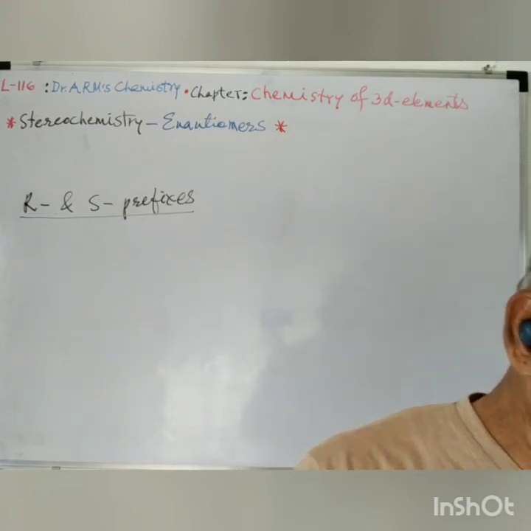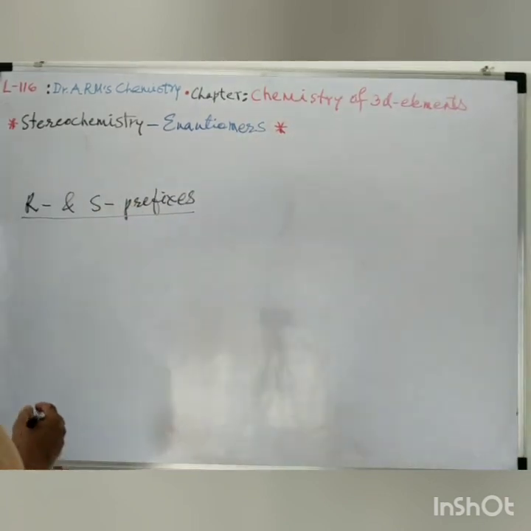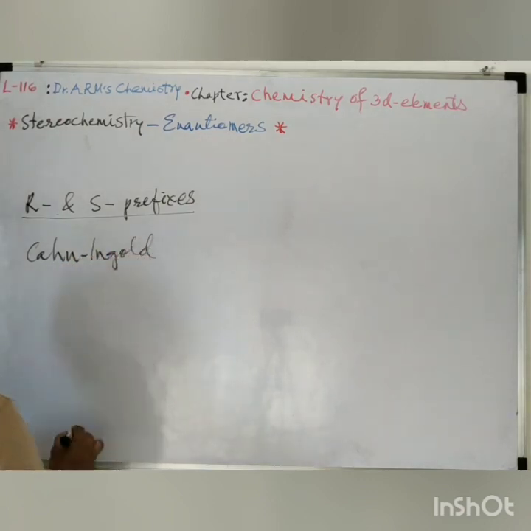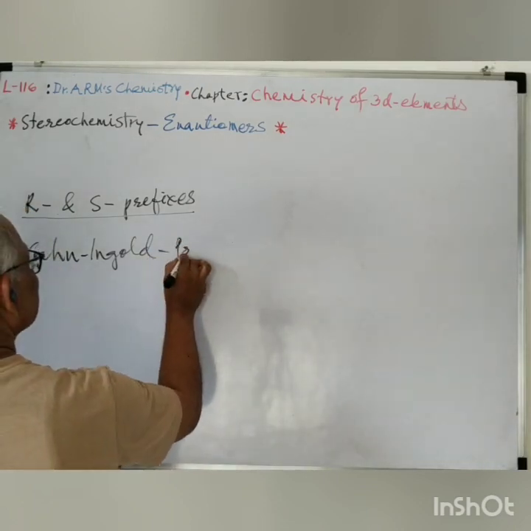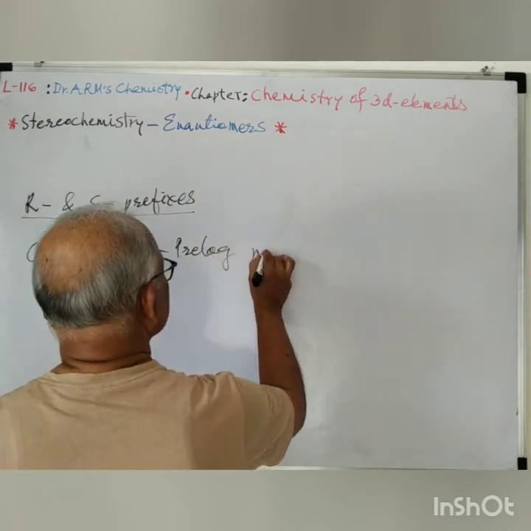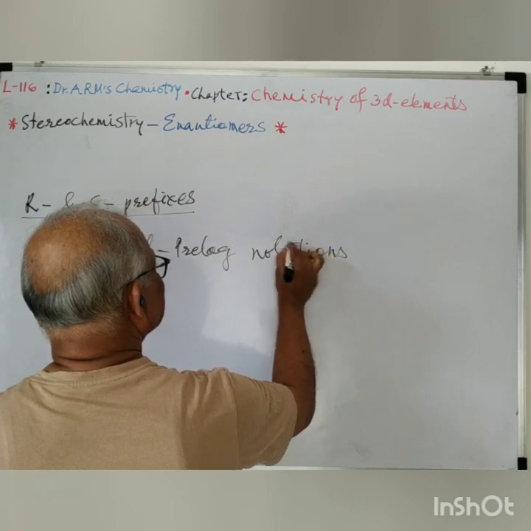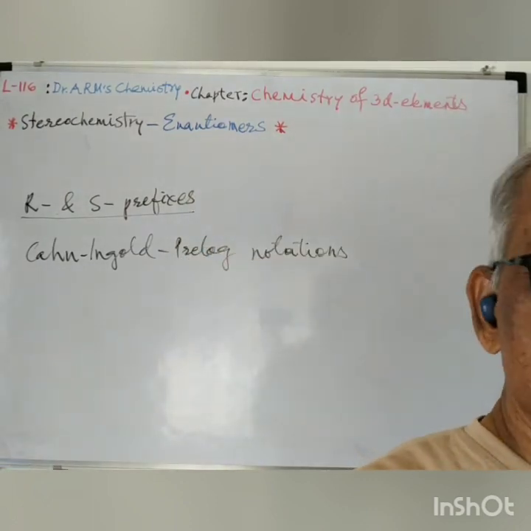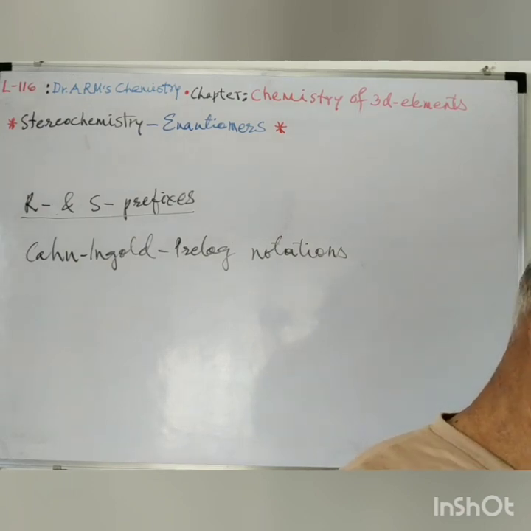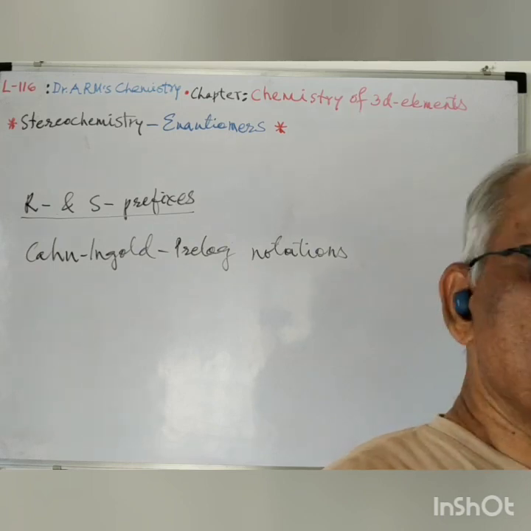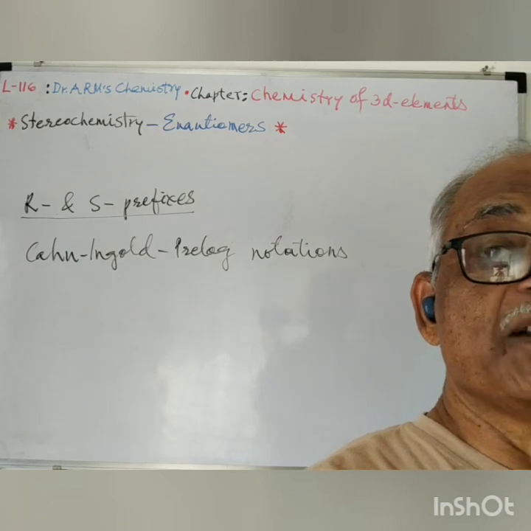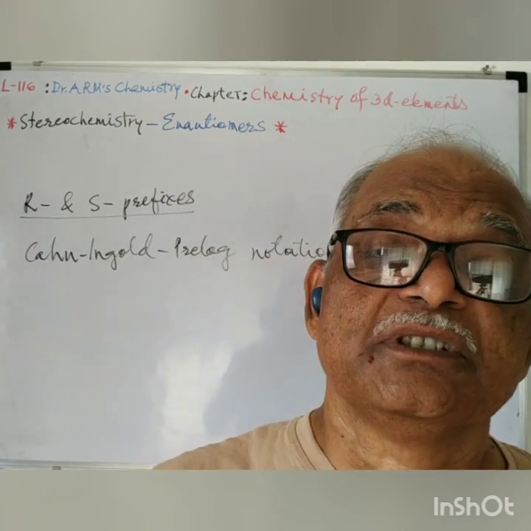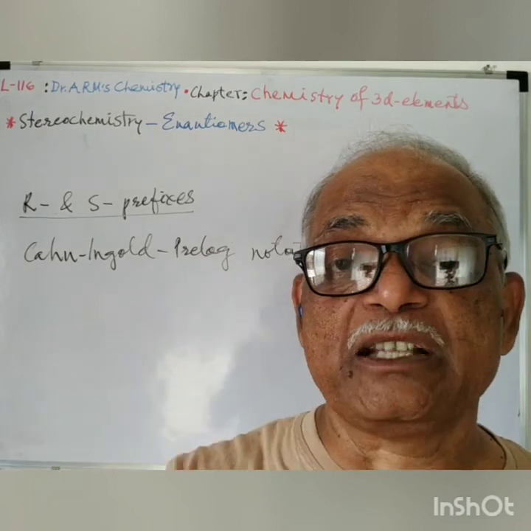Such notations are called Cahn-Ingold-Prelog notations. The four groups attached to the central metal ion or atom are prioritized, means when we view the four different atoms, groups or ligands, we give priority on the basis of atomic number.